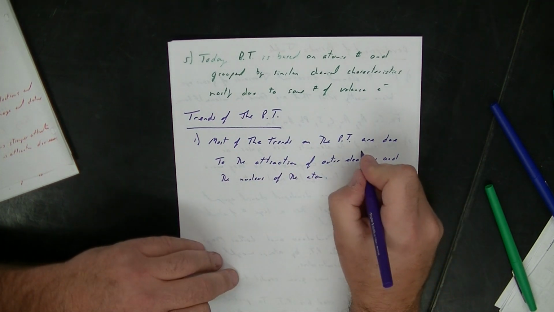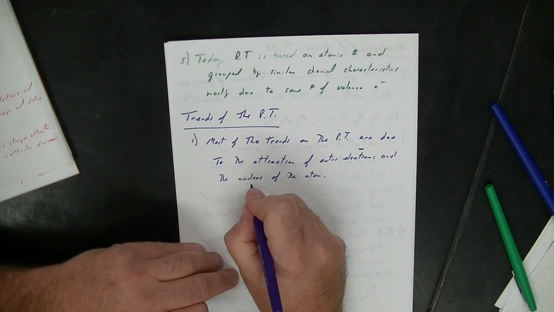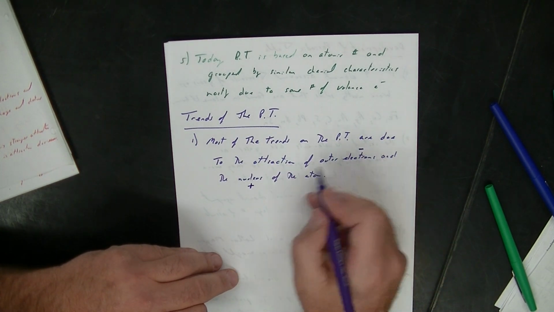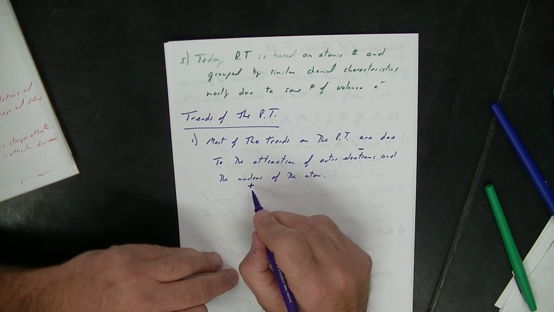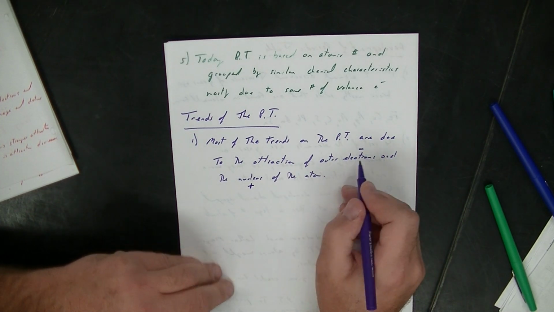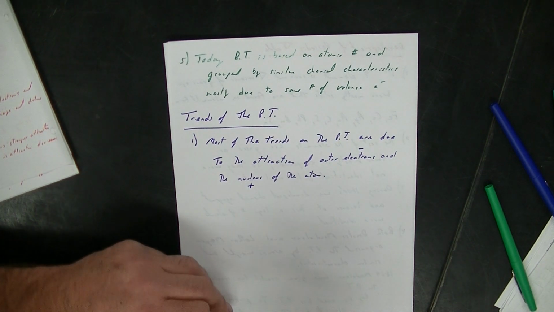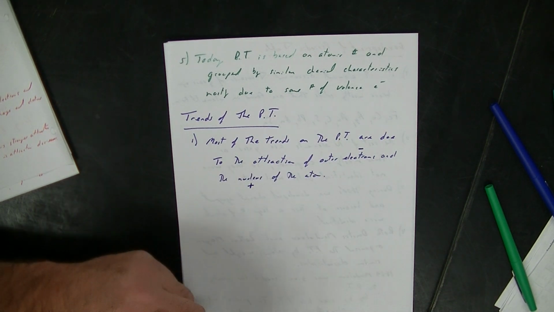All right, so our outer electrons have that negative charge, our nucleus has that positive charge. So this force of attraction between the nucleus and these outer electrons really are what gives us most of the trends on the periodic table. Which brings us to Coulomb's law.